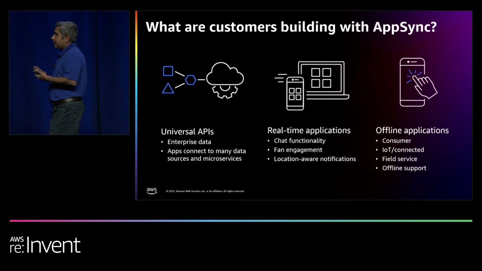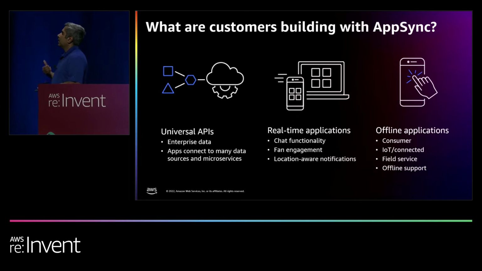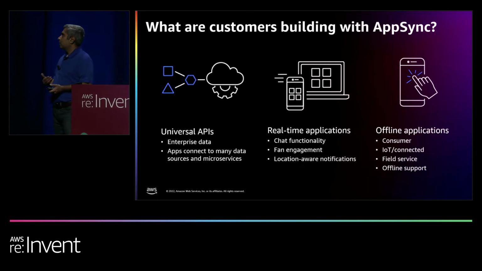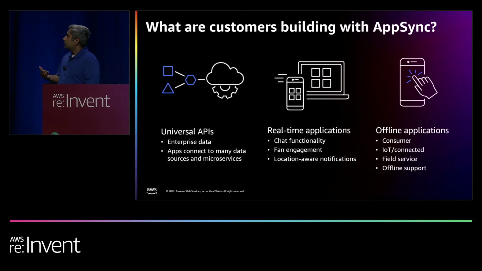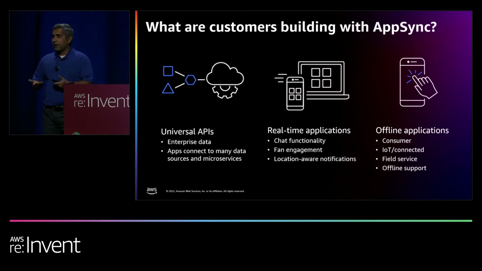The second is real-time applications. Real-time applications enable that interactive, collaborative experience for your customers: chat functionality, fan engagement, location-aware notifications, etc. Then come offline applications. If you have users who go in and out of network, AppSync can be used to build these offline applications like field service apps or IoT apps, etc.